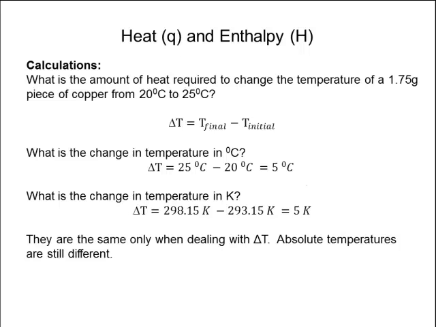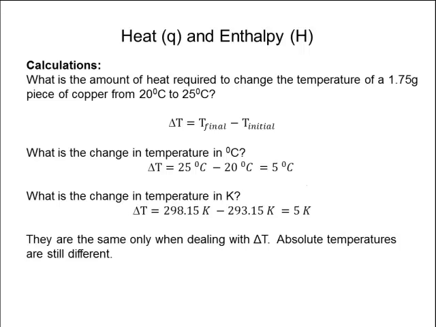If I had degrees Fahrenheit and degrees Celsius, the delta T's would be different. Degrees Fahrenheit and Kelvin, the delta T for those would be different. So it only works between degrees Celsius and Kelvin, and it only works when we're looking at the change in temperature. The absolute temperatures are still going to be different.